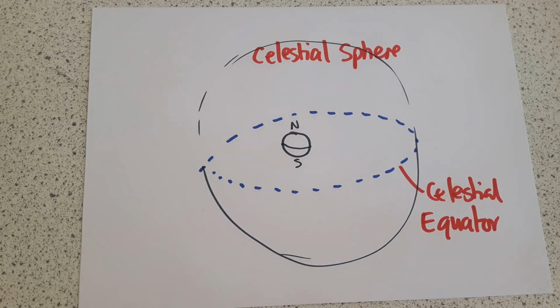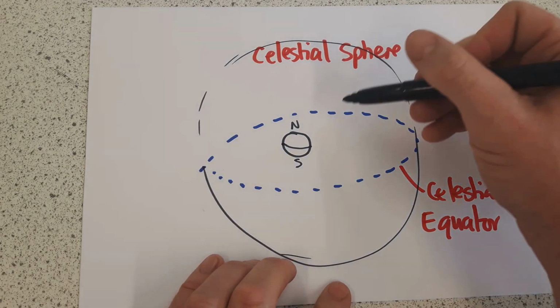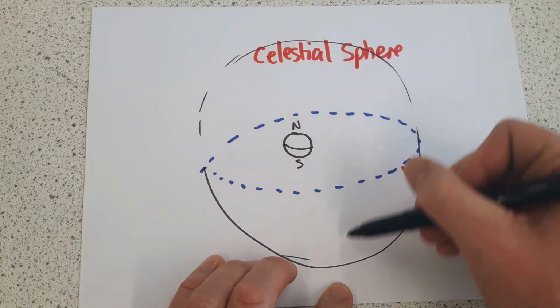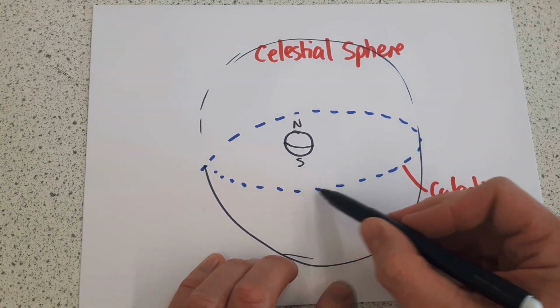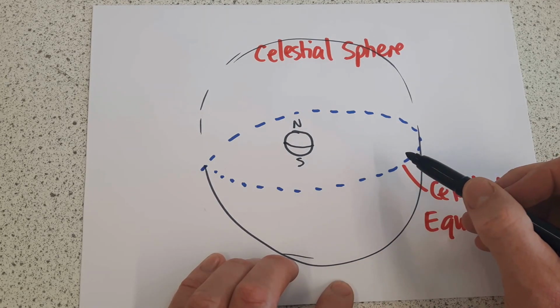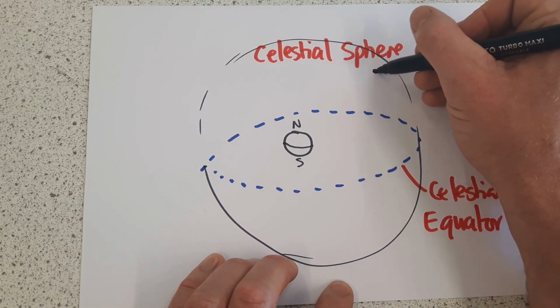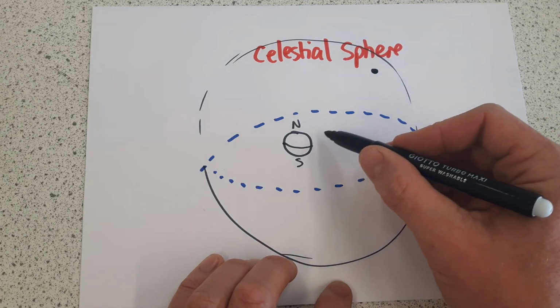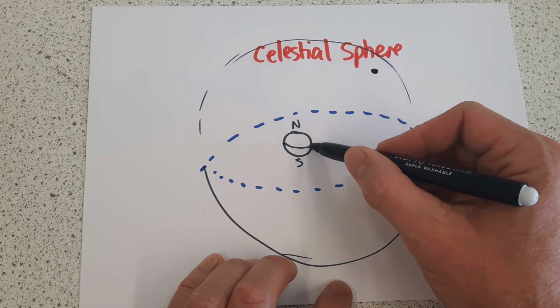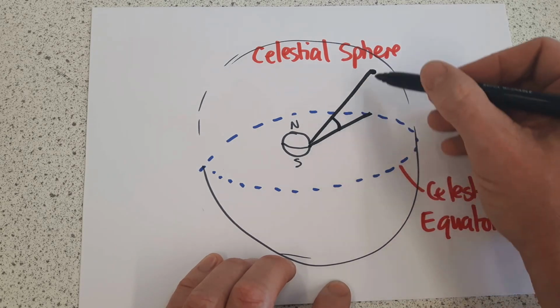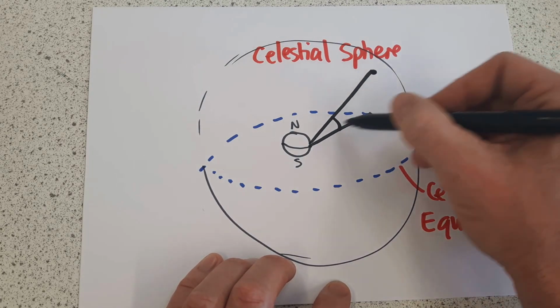And the way that we navigate around is very much like longitude and latitude. We need to work out how far up we're going above the celestial sphere, or how far below the celestial sphere, and then also how far around the celestial sphere. So if we take an object which is, let's say, here in the night sky, then what we're looking for is how far is it up the celestial sphere.